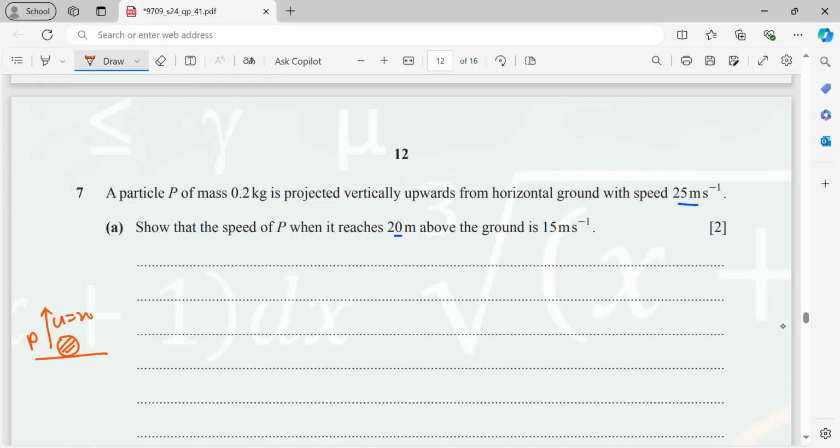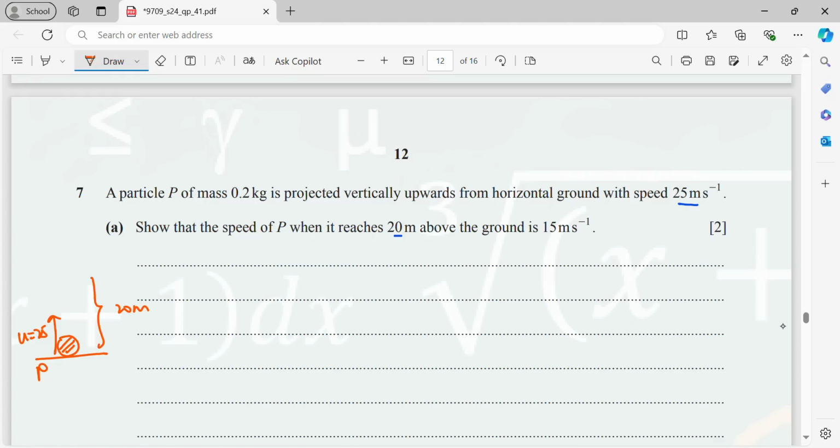This is P, projected upwards. So U equals 25. This is P, 20 meters.